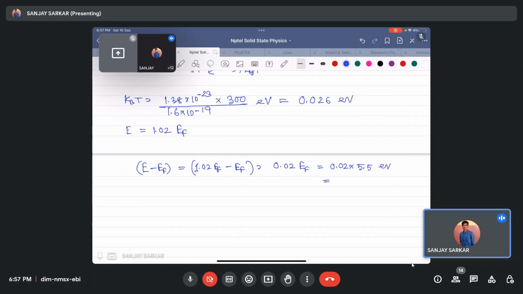So what will be the value? 0.02 into 5.5, that is 0.11 electron volt.